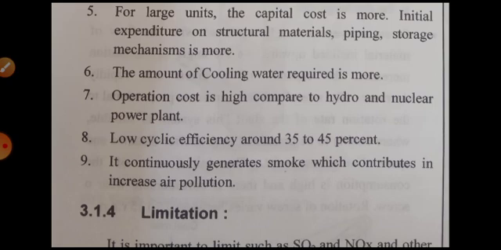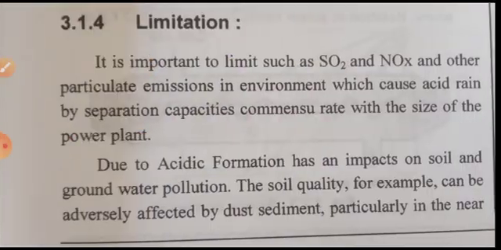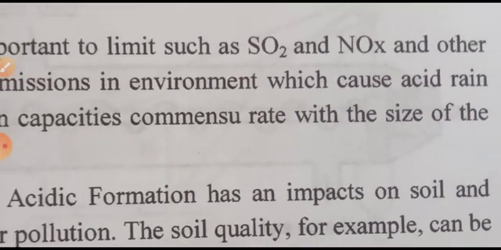Sulfur dioxide, nitrous oxide and many harmful gases are exhausted from the chimney, which may cause lung cancer and respiratory disease and other diseases in humans. So the environmental factor must be considered.